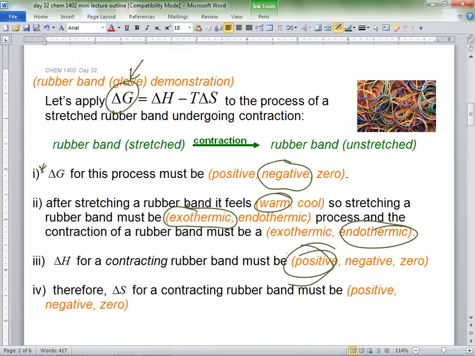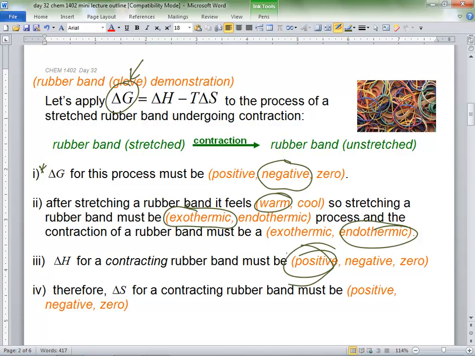Therefore, delta S must be, the sign for delta S. Remember, delta S is that funky thing that has to do with an abstract kind of idea. What would be the answer for this? He says positive, but he's just guessing, right?